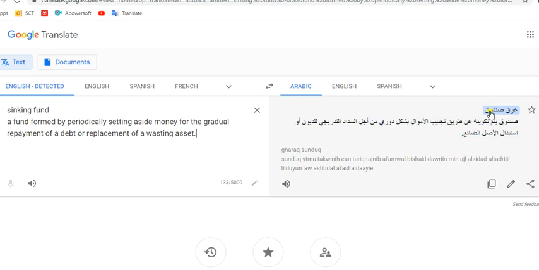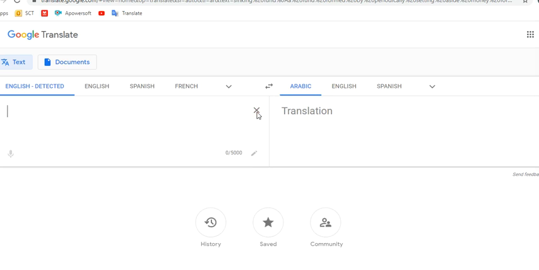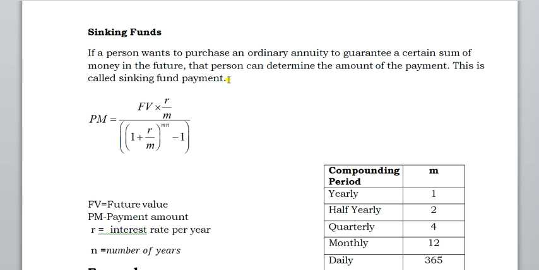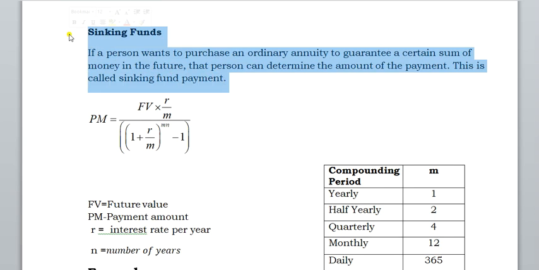So this is the term, sinking fund, and this is the explanation. Now I will cancel this and I will see the translation of this.